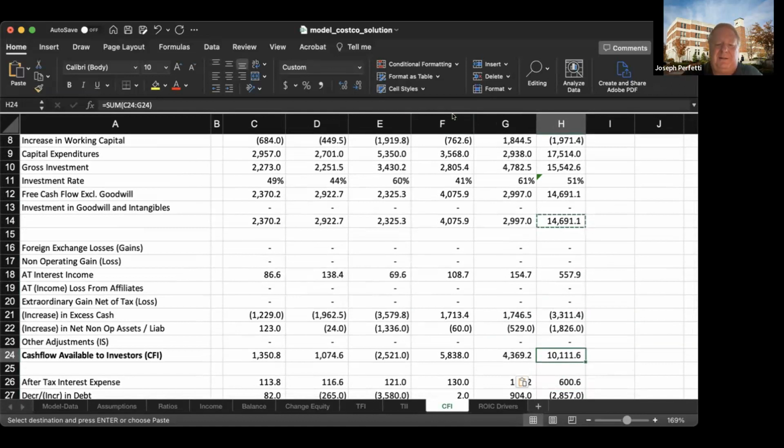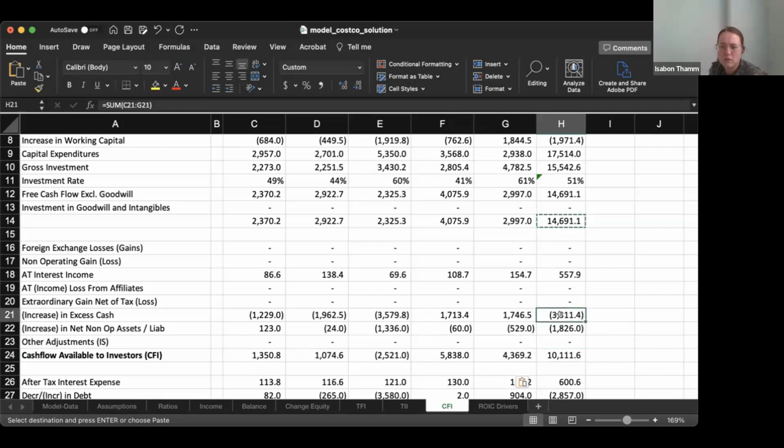Yeah, Isabel? So they had a decrease in their non-operating cash and then also in their non-operating assets. What does that number mean? Oh, that's an increase. So they were able to increase their non-operating cash.